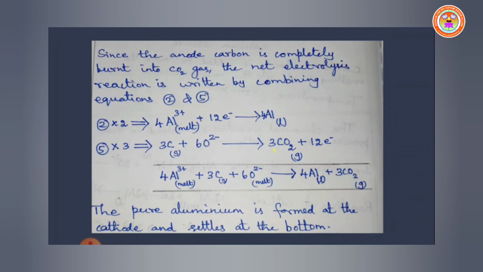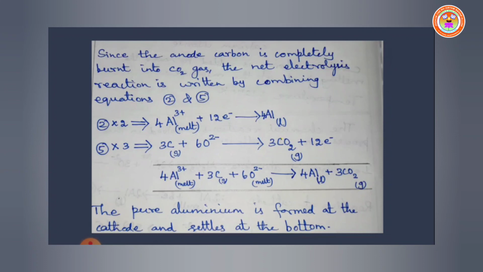Then the fifth equation is multiplied by 3: 3 C + 6 O2- gives 3 CO2 + 12 electrons. Combining these two equations, the net electrolysis equation is 4 Al3+ + 3 C + 6 O2- gives 4 Al + 3 CO2.